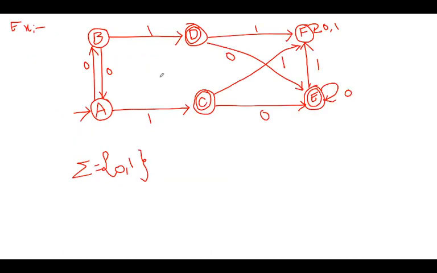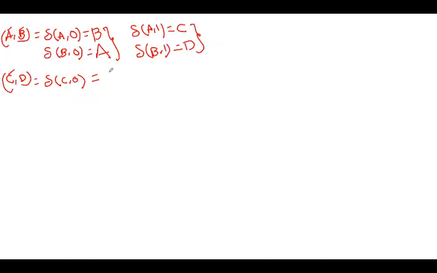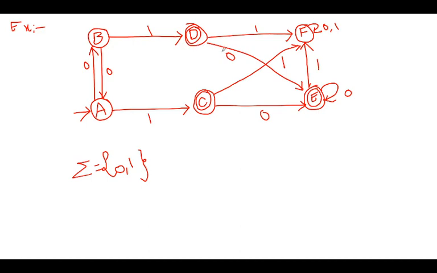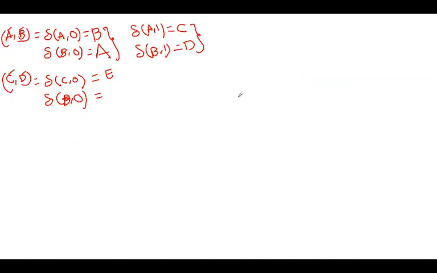C on taking input 0 goes to E, so we mention E. Now transition of D comma 0, the next state of the pair. Don't get confused, guys, it is a capital D, not a 0. Capital D comma 0 means D state taking the input goes to E only.